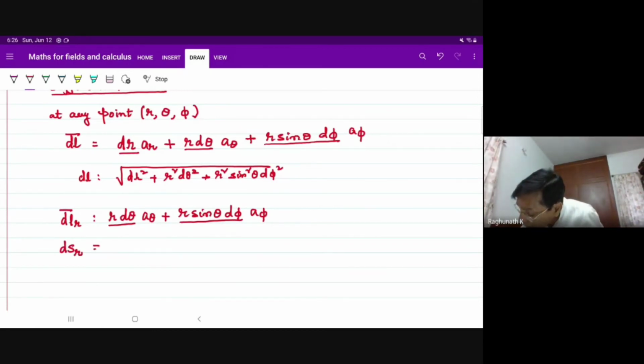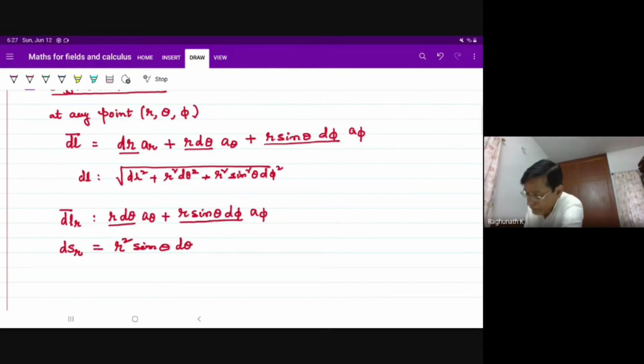Because of which, the differential surface element on a sphere of radius r is what? R squared, very, very important, r squared sin theta d theta d phi. Correct? R d theta into r sin theta d phi.